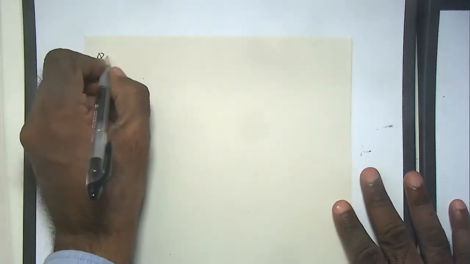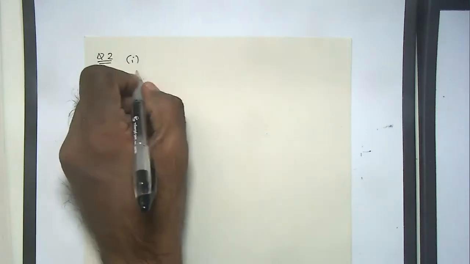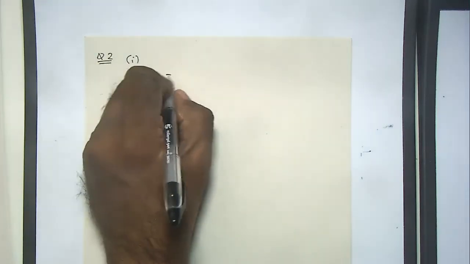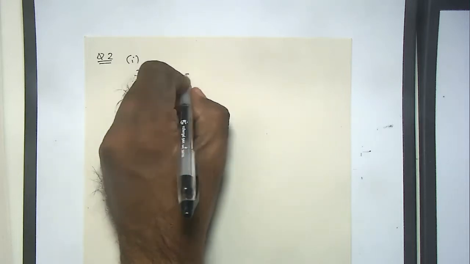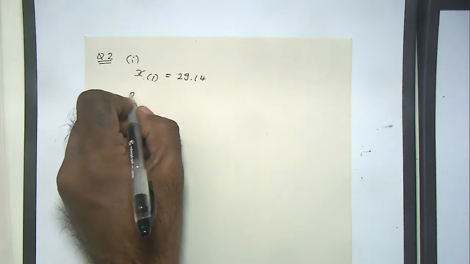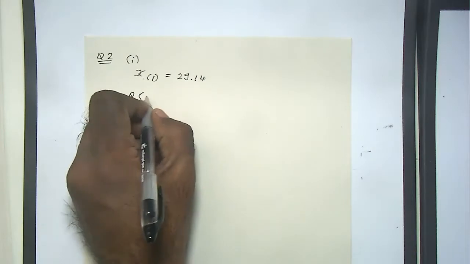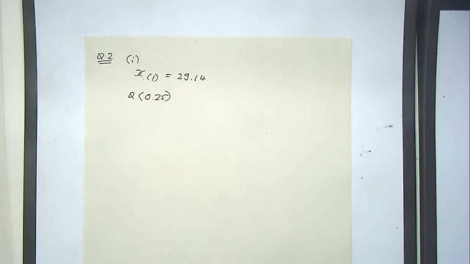Alright, let's see how we can do this. Question 2, part 1. We want the 5-number summary. The minimum is the smallest data point, which is 29.14. The second is the first quartile, which is Q at 0.25.